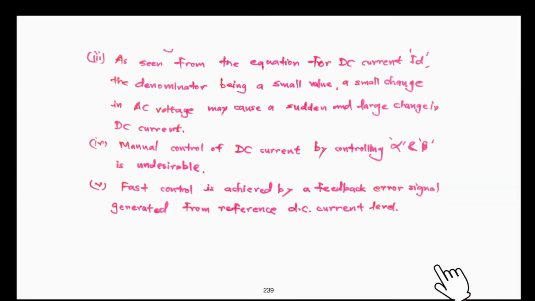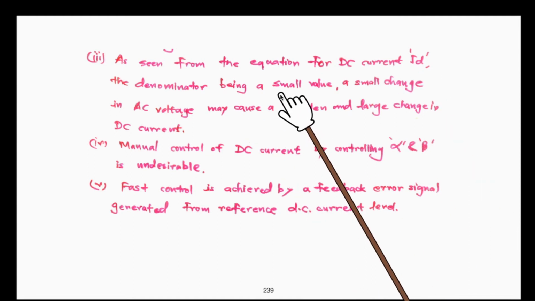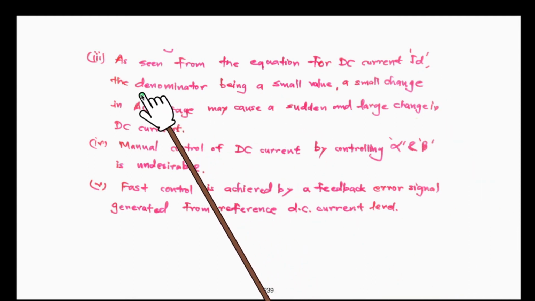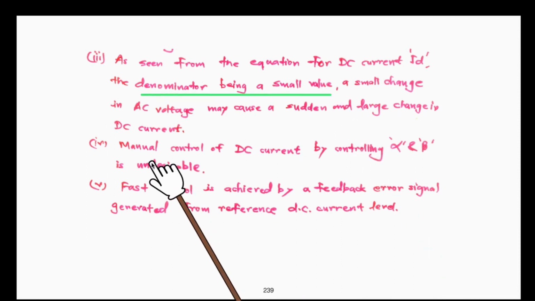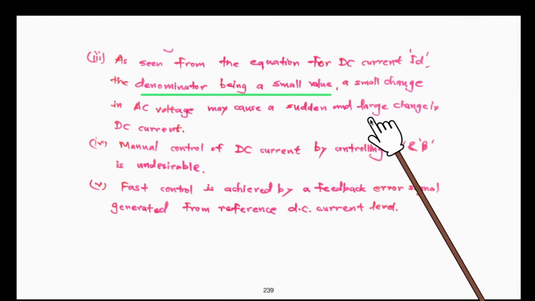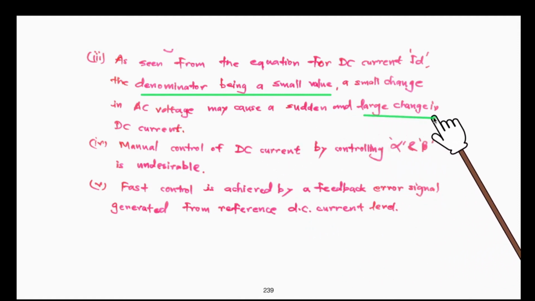As seen from the equation for the DC current, the denominator is a very, very small value. Consequently, even a small change in AC voltage will cause a large change in DC current. The DC current equation we have already seen: ID is equal to (VD0R cos alpha minus VD0I cos beta) upon (RCR plus RL plus RCI).